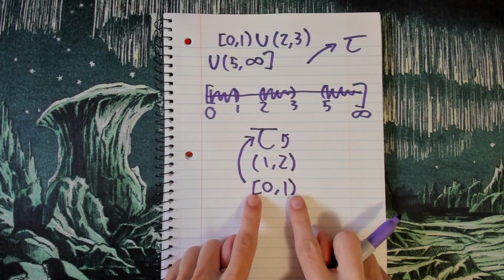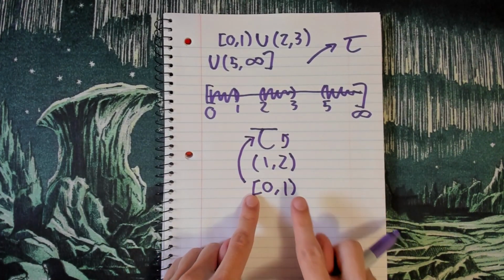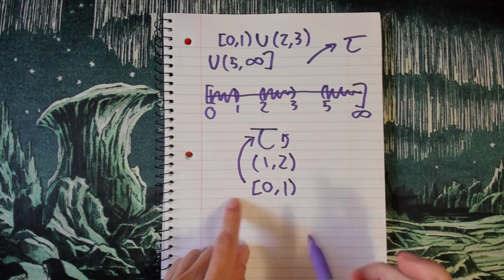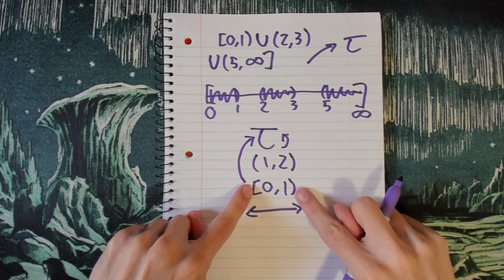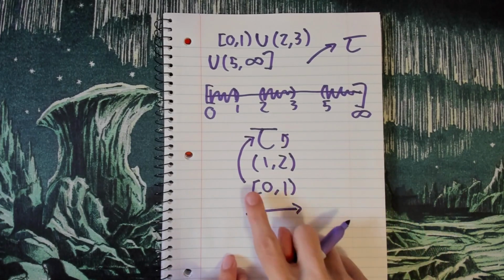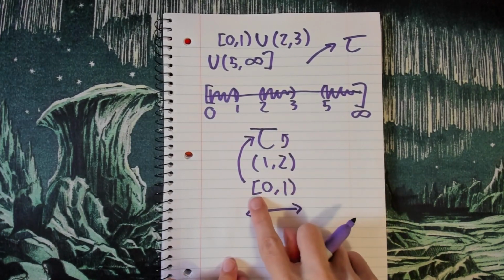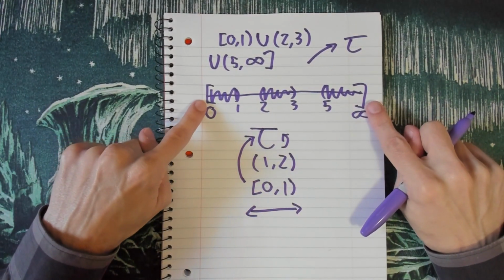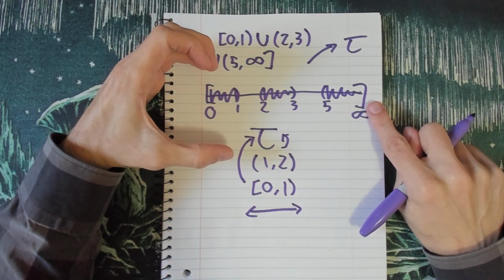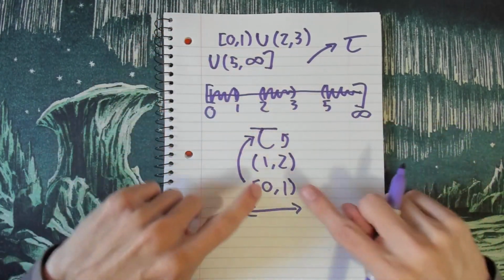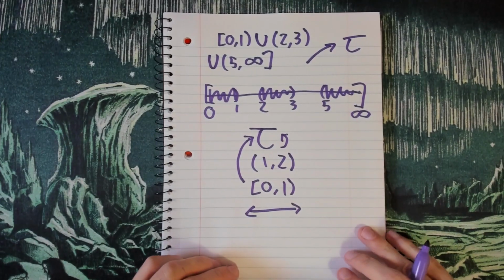Now, if we were talking about the standard topology on the real number line, this thing would not be an open set because it is like this half-open interval. But if you look at this space, because 0 is at the very end of the space, it's okay. This is going to be an open set.